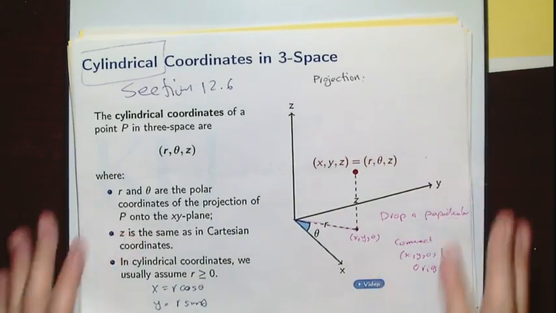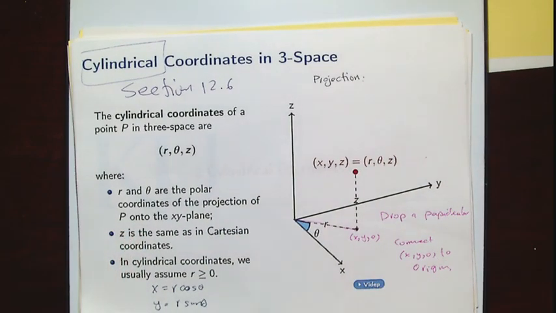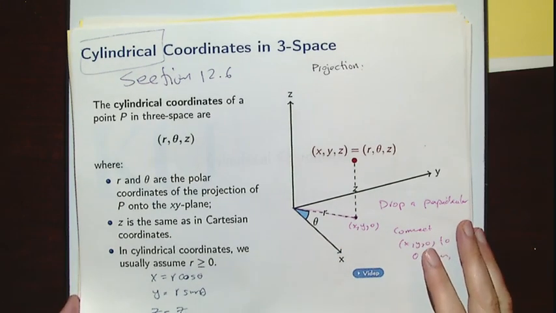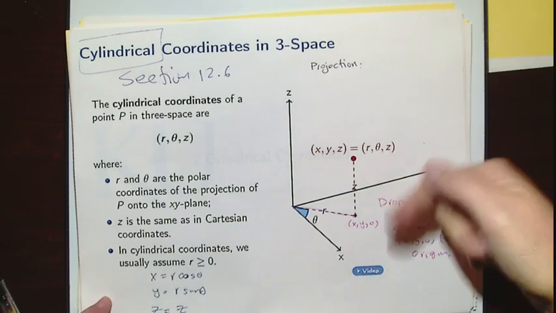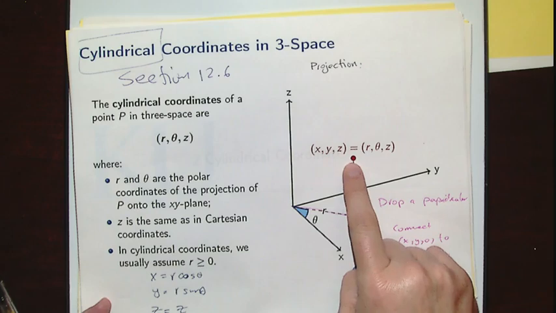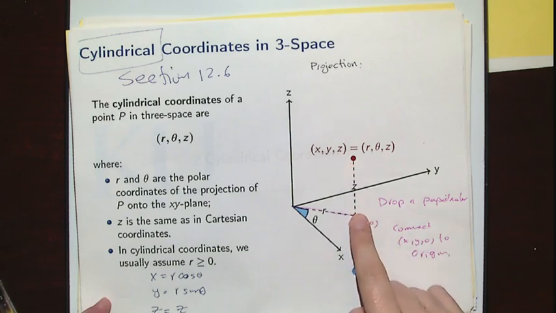Okay. So last time we talked about 12.6, and that was the polar, cylindrical, and spherical. Polar is a review. Cylindrical, we decided that we're just dropping down a perpendicular from any point to the xy plane.